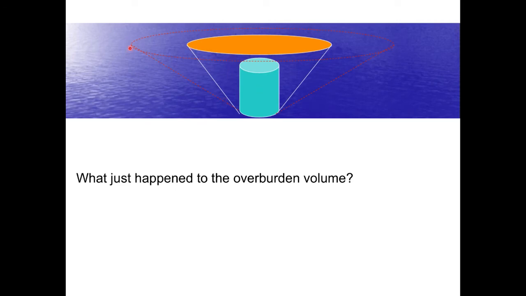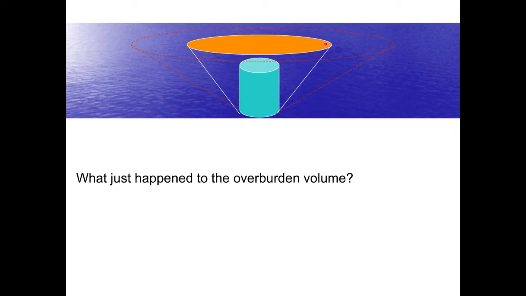But notice now we've got the volume of overburden. Notice that if I have an open pit that is outlined in white compared to an open pit that's outlined in red, all else being equal for the same volume of ore, the overall costs just went up. So you'd ask yourself, well, why would any mining company have a pit that is outlined in red when they could have a pit that's outlined in white?